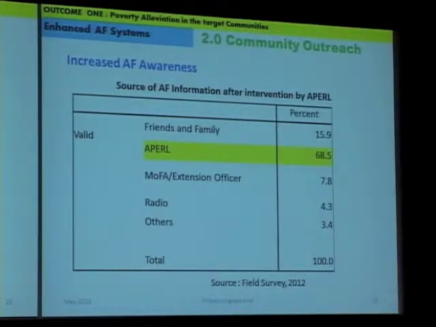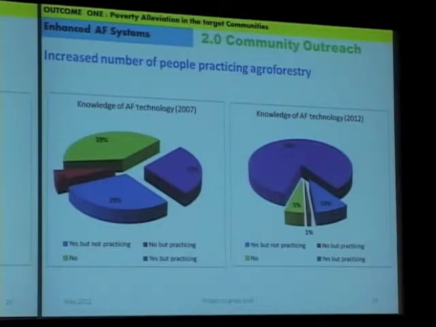Now, if you look at the source of agroforestry information after intervention by APERL, farmers were asked the sources of their information, and you could see the percentage. APERL ranks top, 68.5%. There is also a pie chart showing knowledge of agroforestry technology.